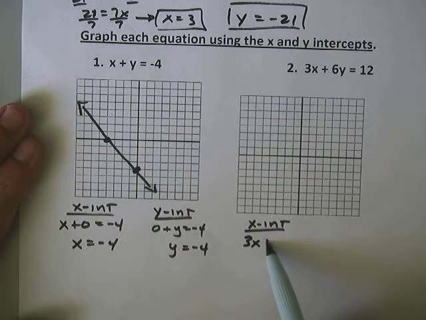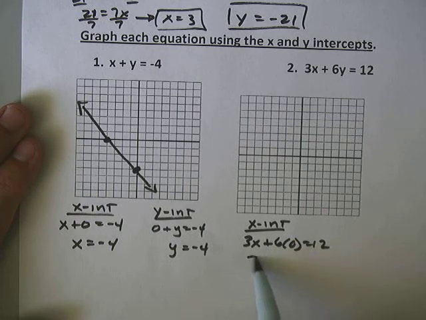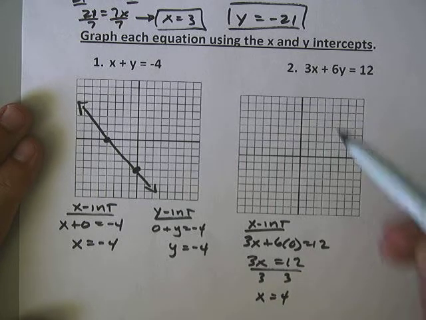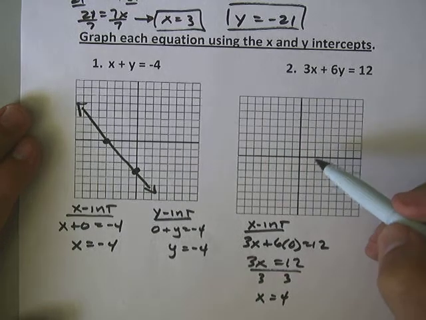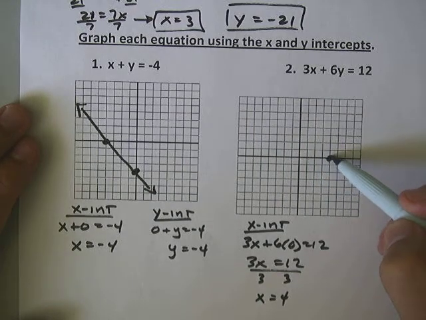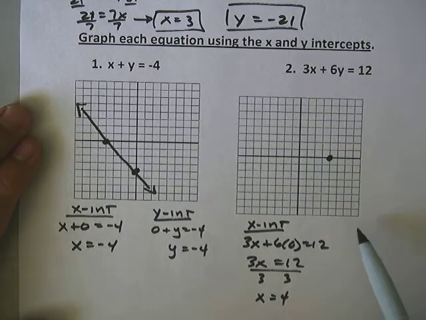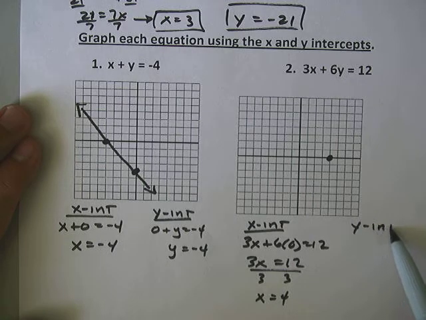Let's take a look at this last one here. So again, if I were to go through and find my x-intercept, I would plug in 0 for y. So 3x equals 12. So divide by 3. x is 4. So I'd come up to my graph. 1, 2, 3, 4.